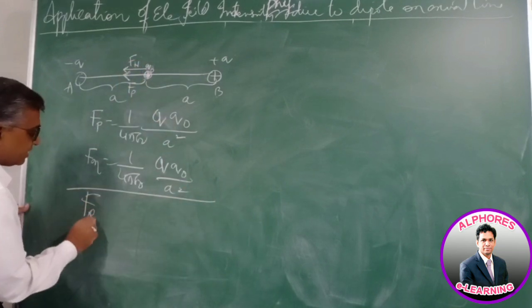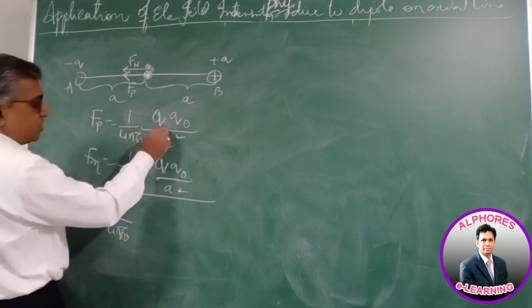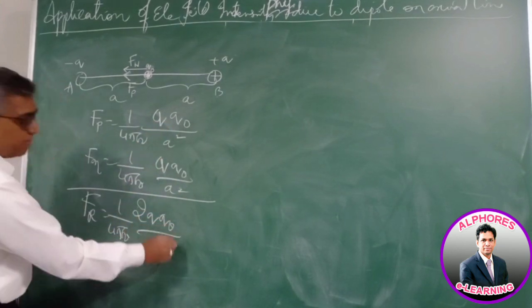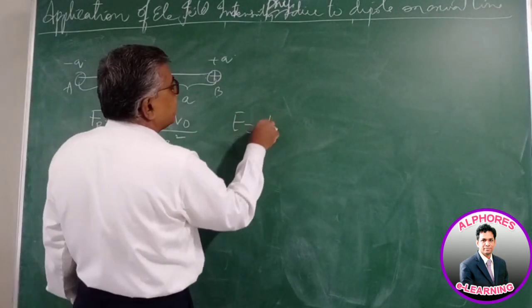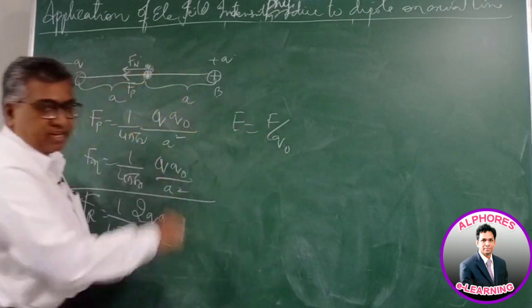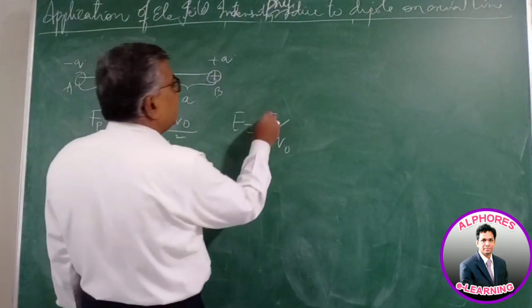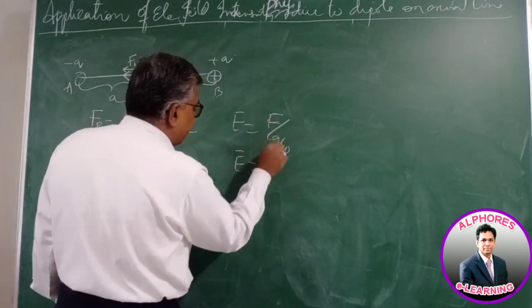So the resultant force is 1 by 4 pi epsilon naught, same magnitude, 2 q naught by a square. Now we know, according to the definition of electric field strength, it is the force experienced by a unit positive test charge in the electric field. So the electric field is F by q naught.